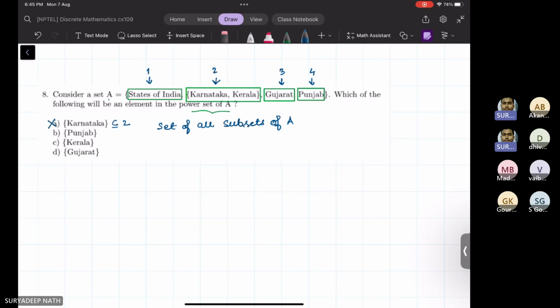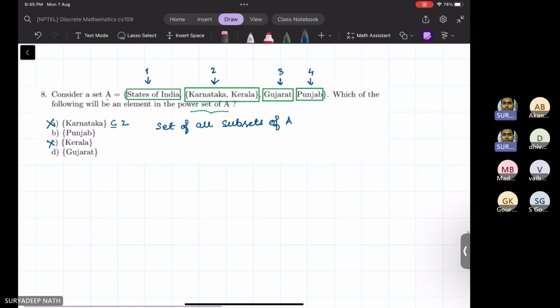Same applies to Kerala because it also comes combined in this element 2 as a set of Karnataka and Kerala and does not exist as a singleton. But Punjab and Gujarat exist as singletons, and therefore they can exist in the power set of A.